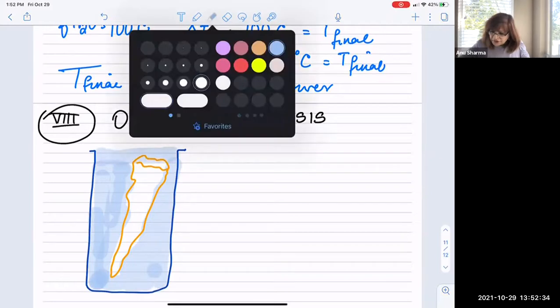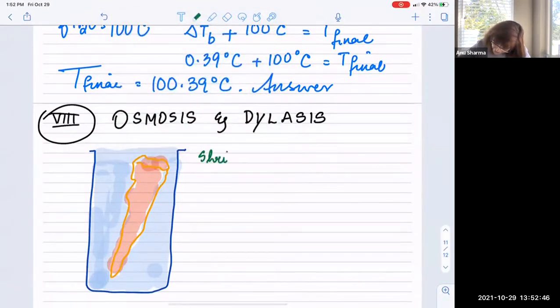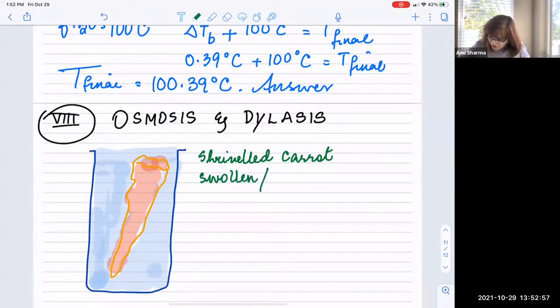So with our experience in life, the carrot we see gets plumped up. Okay, so let me write this down. Shriveled carrot gets swollen or plumped.